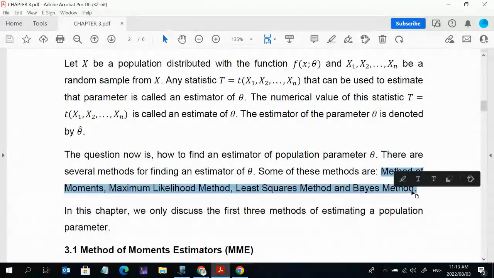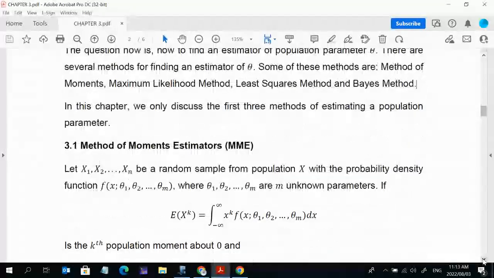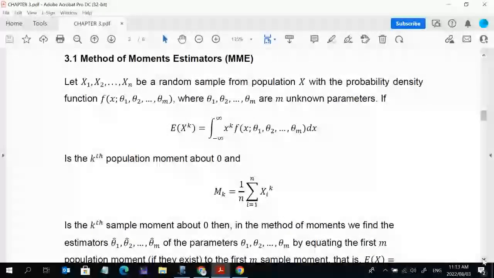We have been discussing statistics in chapter 2. In this chapter, we are looking at a statistic that we can use to estimate the population parameter. We discussed the first method, which is the method of moments.